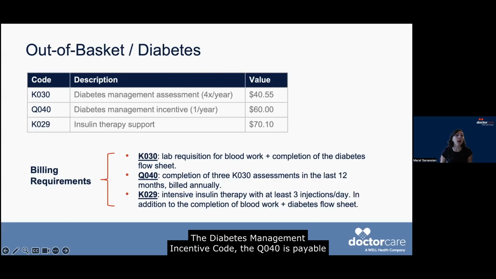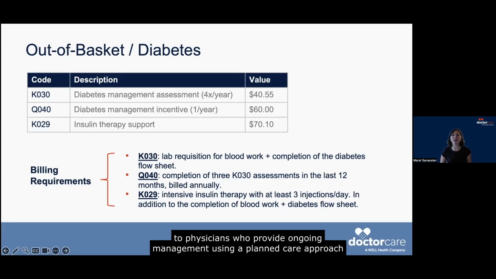The Diabetes Management Incentive Code, the Q040, is payable to physicians who provide ongoing management using a planned care approach, consistent with Diabetes Canada's guideline. This incentive code can be billed upon completing 3 K030 assessments in the last 12 months and is billable on an annual basis.